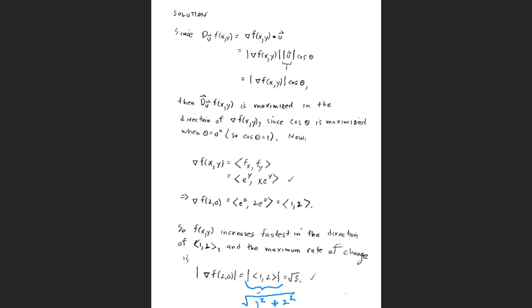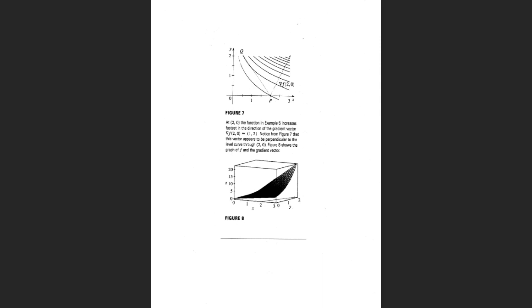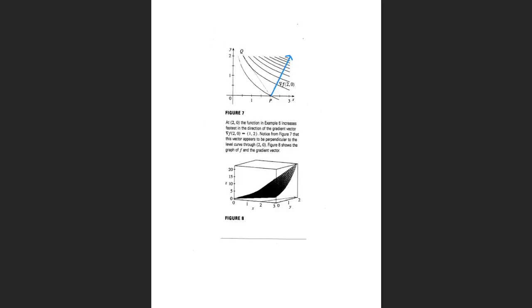All right, so a few pictures here. The gradient vector, remember, had x component 1 and y component 2.